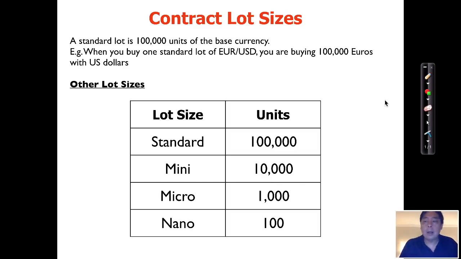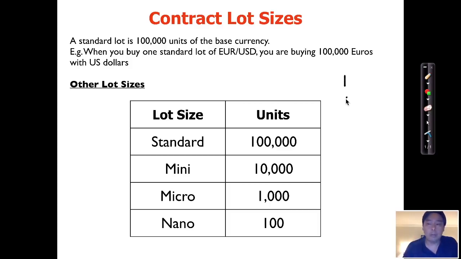For example, if you use most MT4 platforms, you key in terms of lot size. If you want to buy 100,000 euros for Euro USD, then you key in 1, because one lot means 100,000. If you want to buy 50,000, what do you key in?